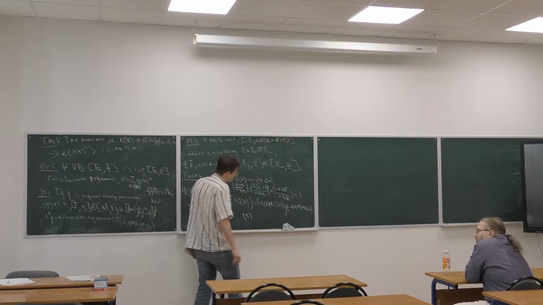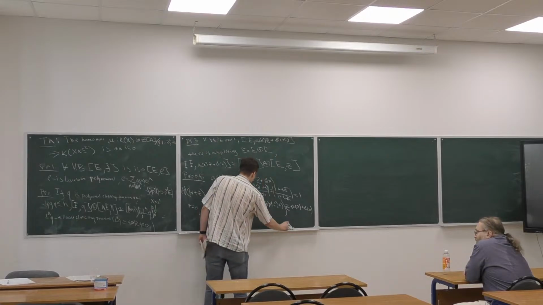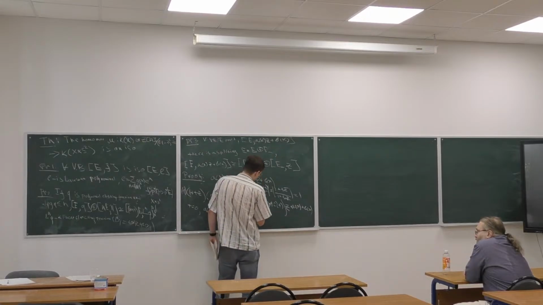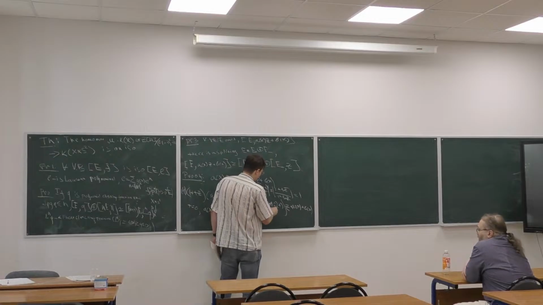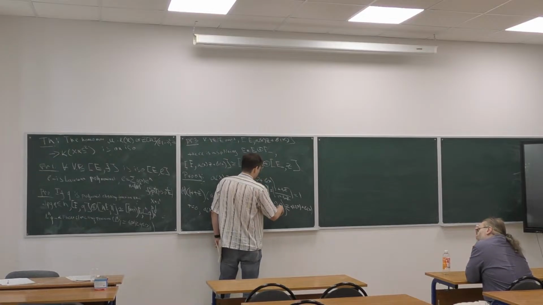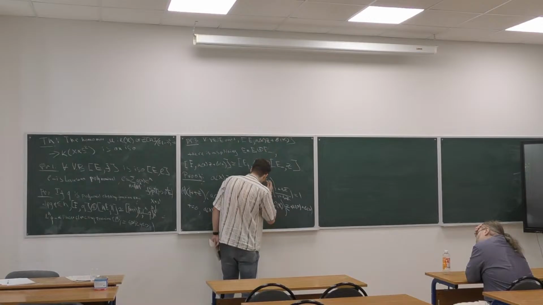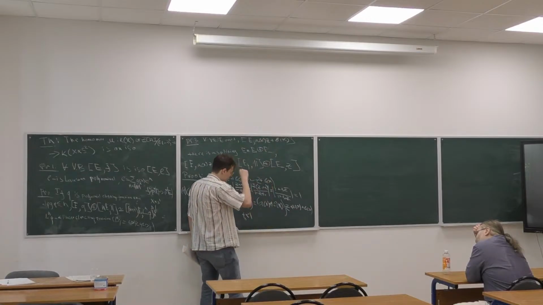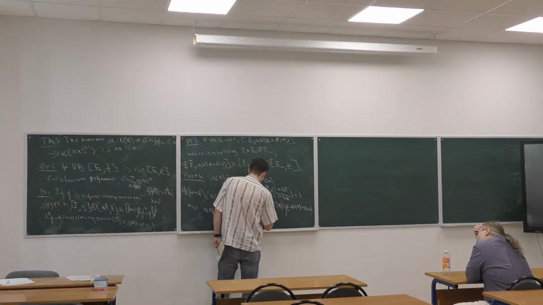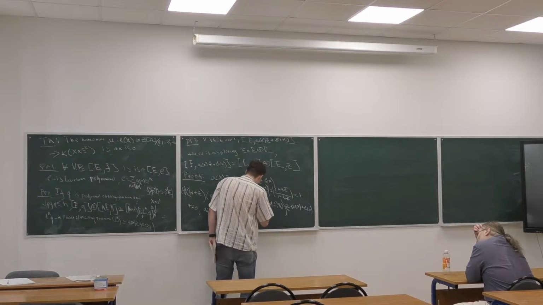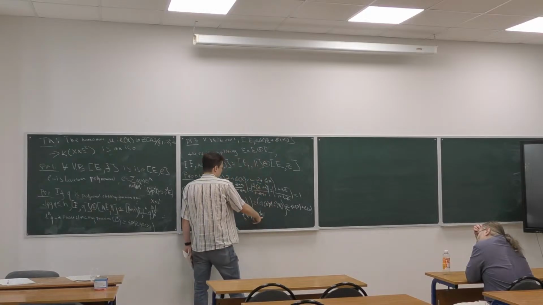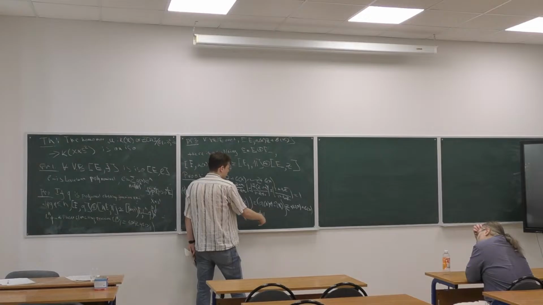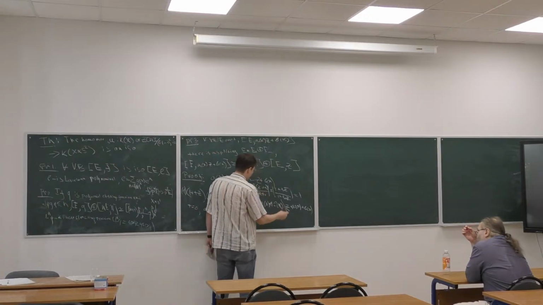So let's see the right hand side: we can see a(x) plus t b(x), and when t equals 1 it is an automorphism.